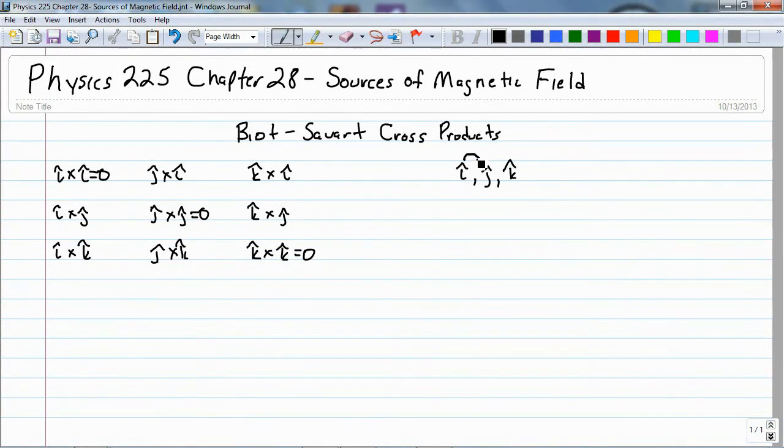So i to j, j to k, k to i. When it's in this direction, it's positive. So if I have i, j, then it's going to be k hat. So i hat cross j hat is k hat. j hat cross k hat is i hat.